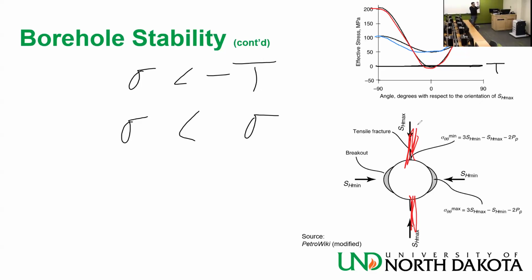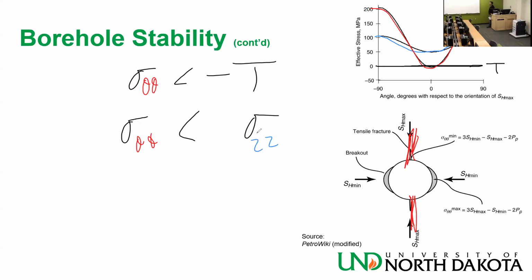The answer is they are longitudinal, like the schematic in the nice 3D picture from the previous slide, which suggests to me that sigma theta theta is more tensile than the tensile strength of the rock, and also more tensile than sigma ZZ, the axial.